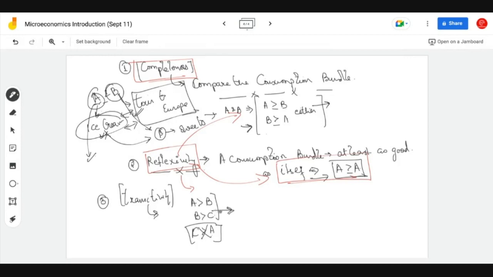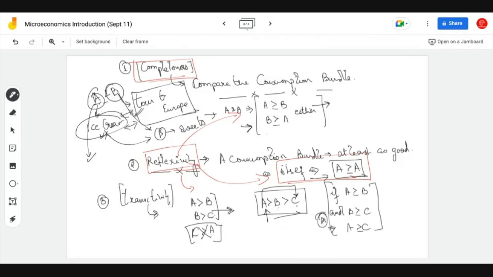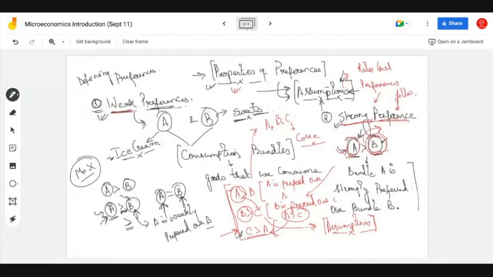Because if we rewrite this, it says A is better than B, which is better than C. So if A is preferred over B and B is preferred over C, then A is also preferred over C. This is an assumption, because again I asked whether this is possible.